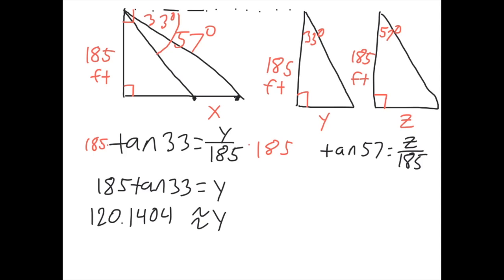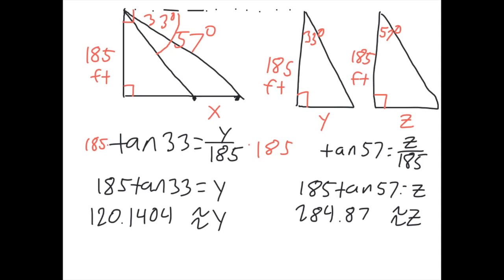Multiply both sides by 185, you'll get 185 times the tangent of 57 equals z, so z equals about 284.8750.